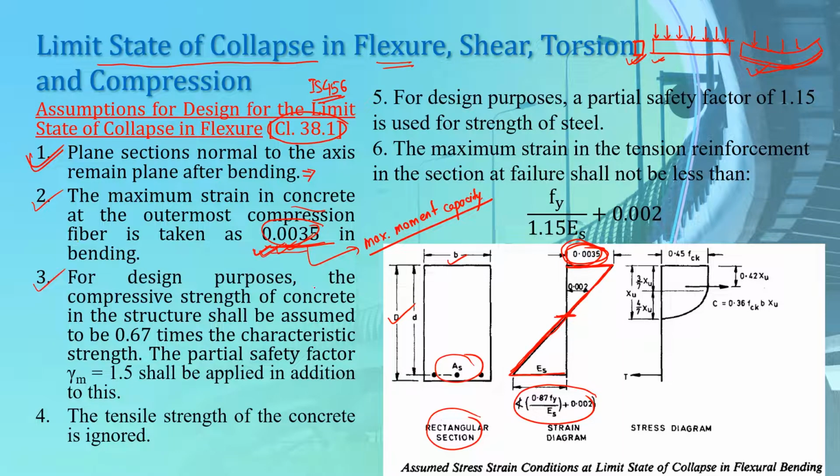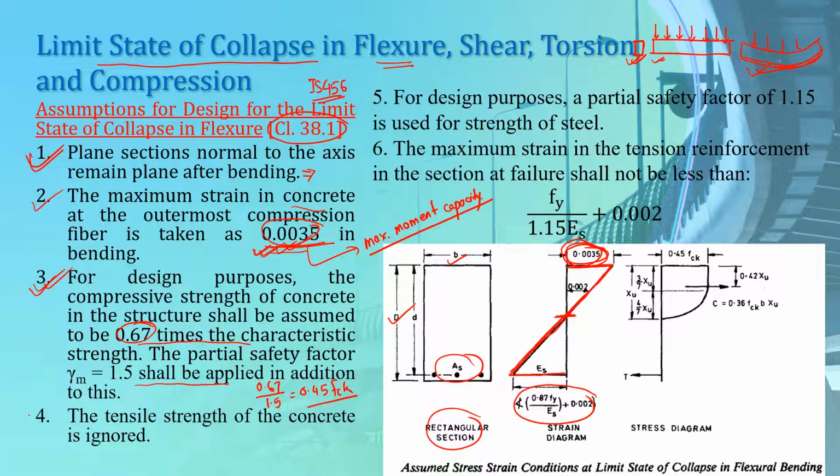Third, for design purposes, the compressive strength of concrete in the structure shall be assumed to be 0.67 times the characteristic strength. The partial safety factor 1.5 shall be applied in addition to this. We have already discussed this in our idealized stress-strain diagram for concrete, how we got this 0.67 and how, after dividing 0.67 by 1.5, we get 0.45 fck.